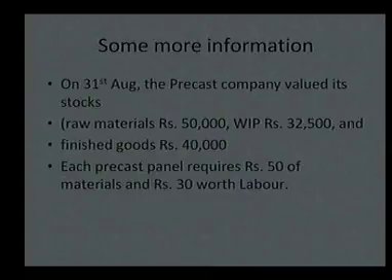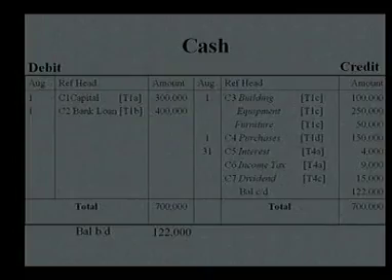This is what we were discussing a short while ago, and we will see how to apply it in real life problems. Now, while recording the transactions, if they are cash related transactions, we discussed that they are to be recorded in the cash book.